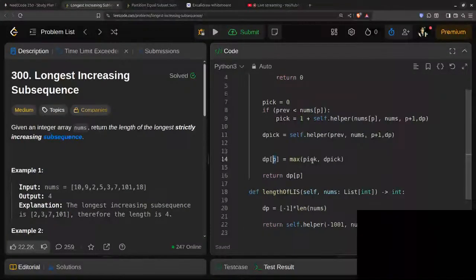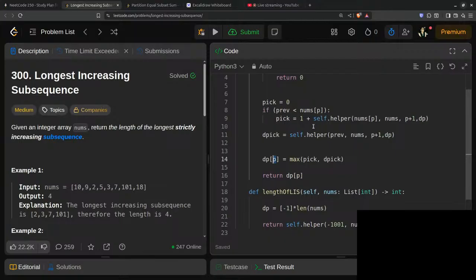What is the problem here? Okay, wait. And I'm checking this. This condition is the problem. If DP[p] is not equal to -1, return DP[p]. Right, this fails.